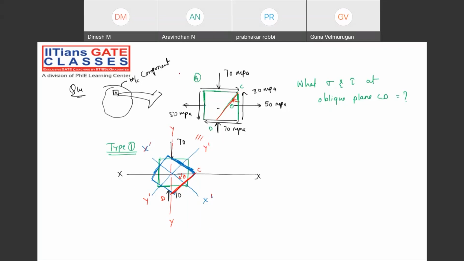Either the problem can be given like this, type 2 way, or like this. Both have the same meaning. Please tell me, guys, whether you are understanding or not, because things must be understood, not only by seeing the answer.